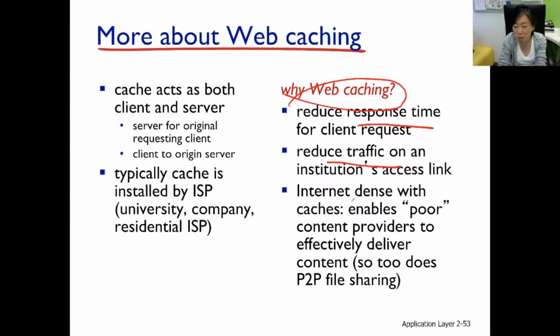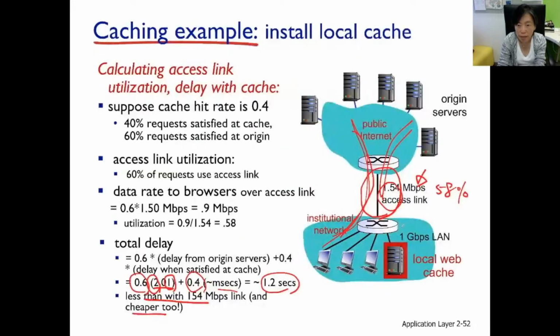Now, an extra benefit we didn't talk about is because we did not assume the uplink bandwidth of the servers being the bottleneck. If the server is poor, meaning there are poor content providers out there, let's say that the server here is poor. It cannot afford too high a bandwidth uplink.